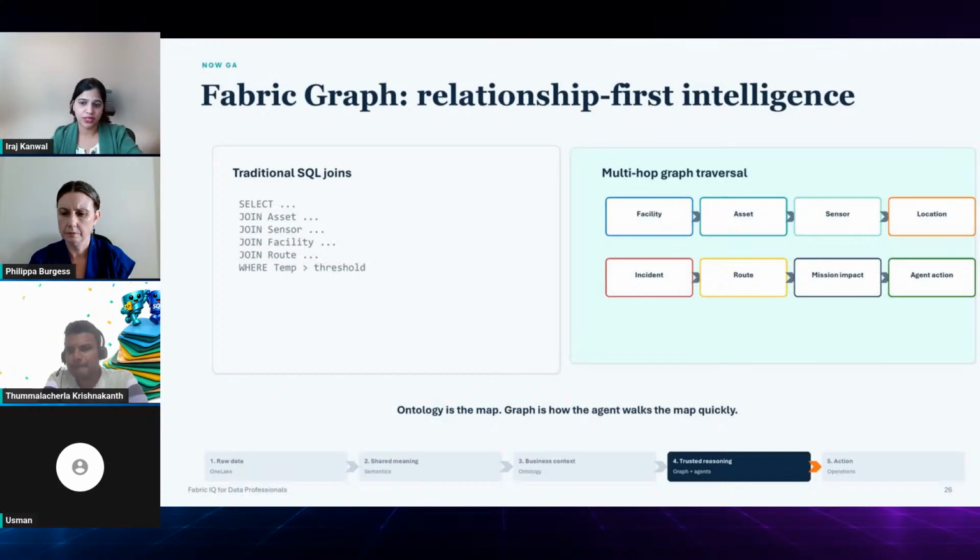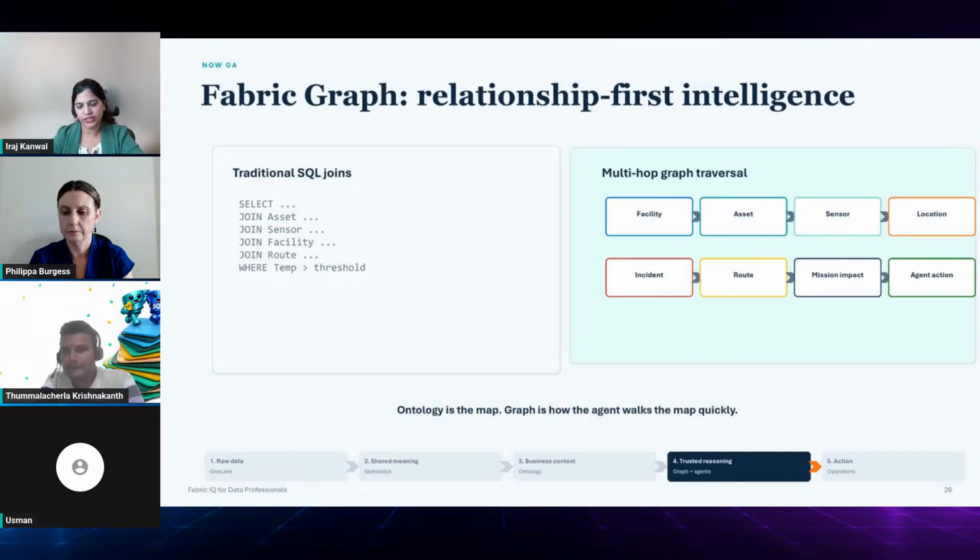With graph-style reasoning, we model the relationship explicitly. A store or facility can connect to an asset, connect to a sensor, to telemetry, and a facility can connect to a route. A route can have a mission impact and a customer impact. So an agent can traverse the relationship network without guessing the join path.